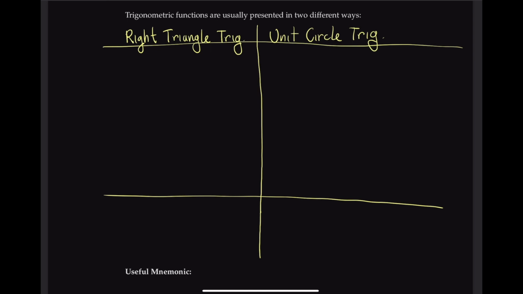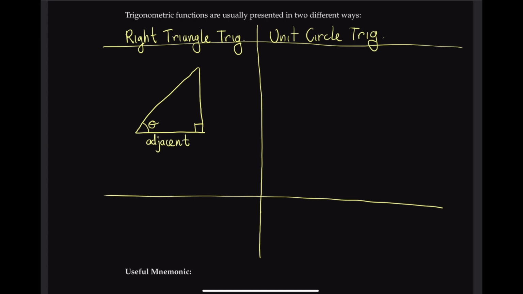For right triangle trigonometry, let's draw a right triangle here, and we'll make this the right angle. So we have our two legs of that triangle here and here, and then we have the hypotenuse of the triangle, which is opposite the right angle. Okay, so we're going to label one of the other two angles as theta. Now, once we've labeled it, the leg that is touching that angle, or makes up part of that angle, is called the adjacent side.